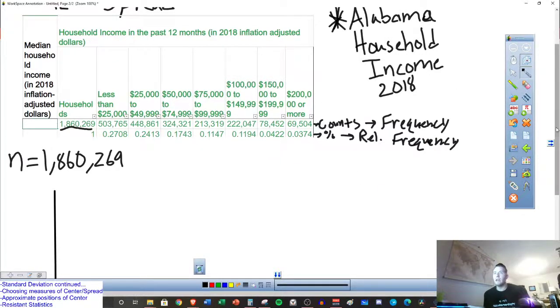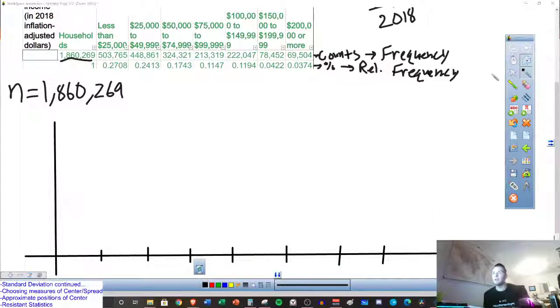So let's go ahead and start drawing this. We want to use relative frequency. Now the highest up here, these are decimals. So the highest percent is 27.08. So the most I need to make this is 30%. So we're going to go up by 5.